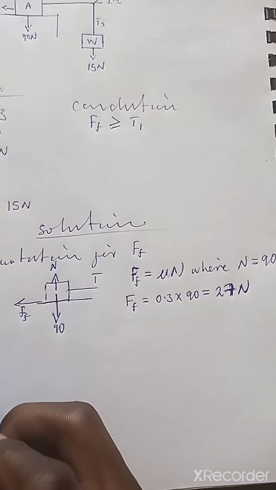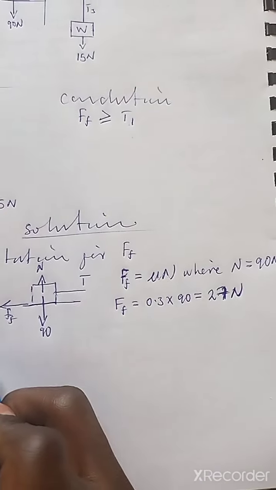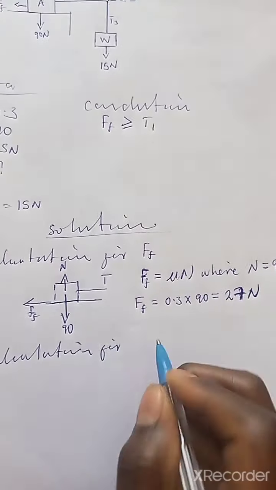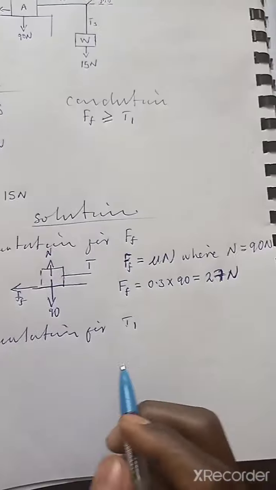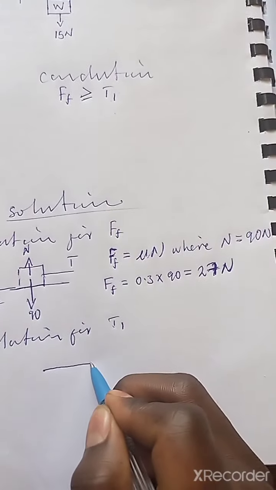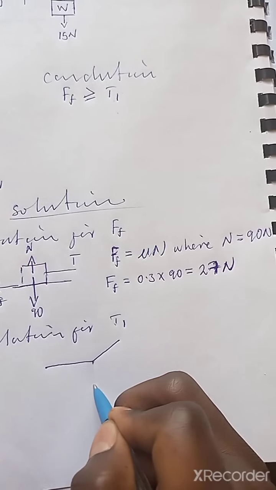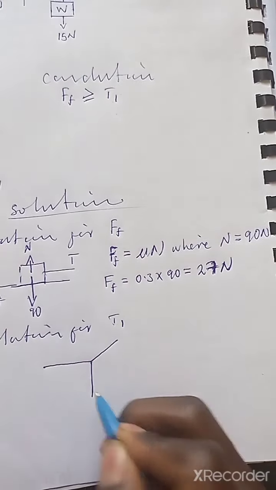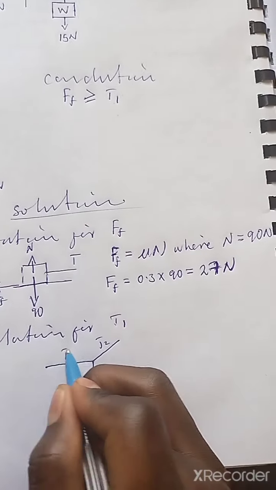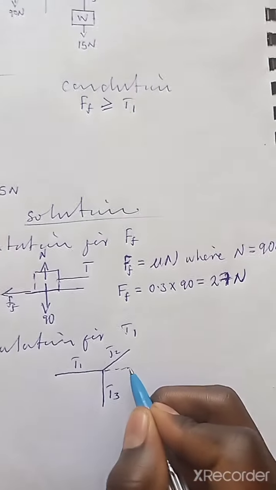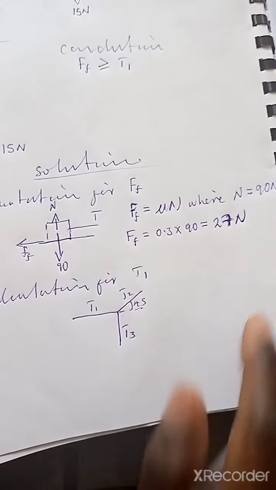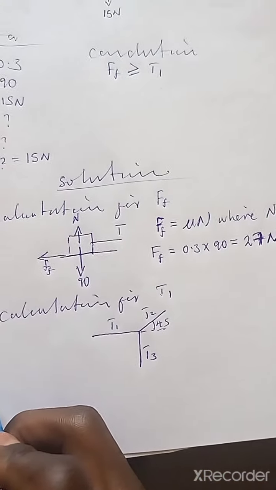Then we now do calculations for T1. For T1, we have our figure like that. This is T3, this is T2, this is T1, and we're given the angle there as 45 degrees. So first we need the components.